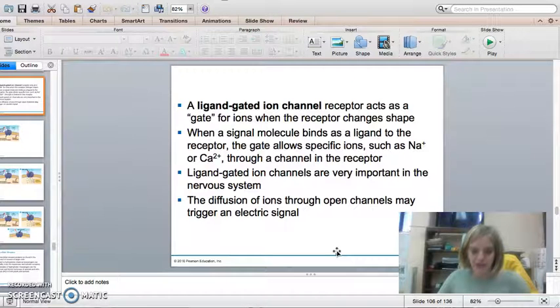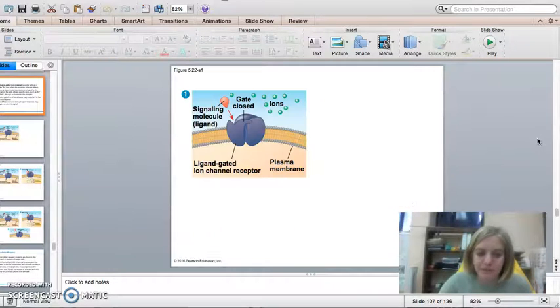The most common ions that use these channels are the sodium Na+ ion and the Ca2+ ion. And these you've probably heard about before because they are very important in the nervous system. But if you remember, ions cannot pass through the membrane on their own. They need the help of both a protein and energy from ATP.